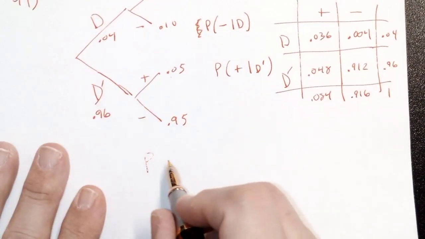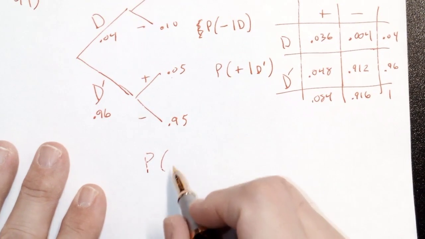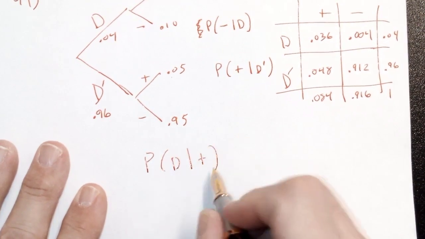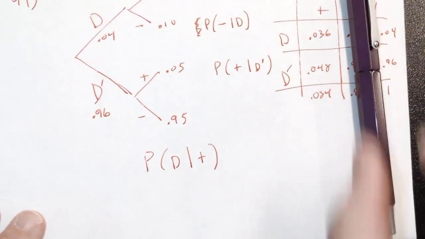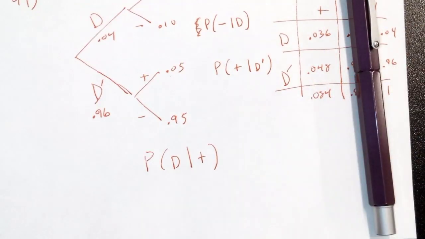What is the chance that someone uses drugs given I got a positive test? Again, I restrict myself to the column for the conditional probability.